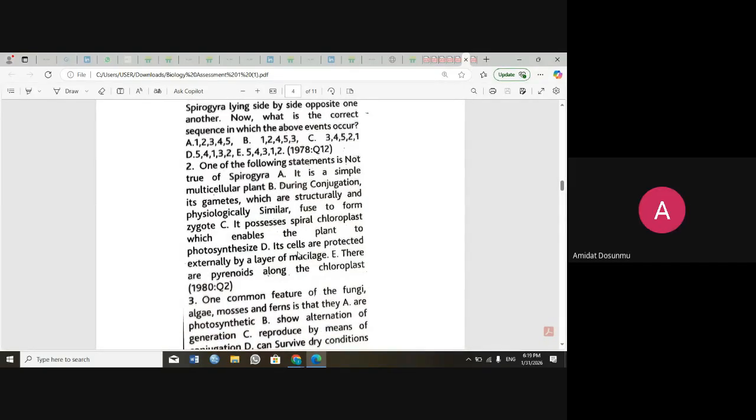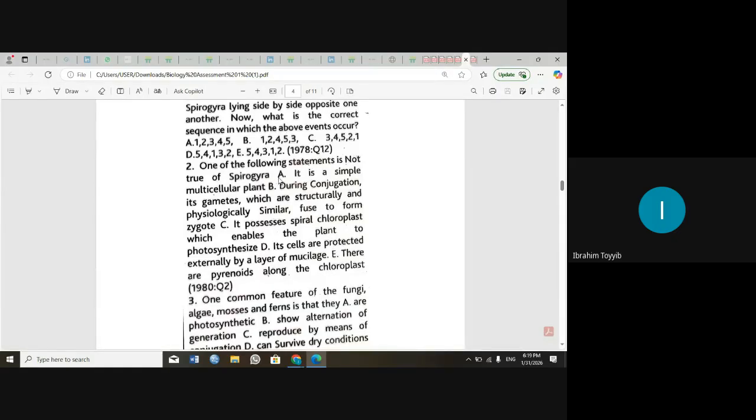B: During conjugation, its gametes, which are structurally and physiologically similar, fuse to form zygotes. C: It possesses spiral chloroplasts, which enable the plant to photosynthesize. D: Its cells are protected by a layer of mucilage. So all these things are correct.